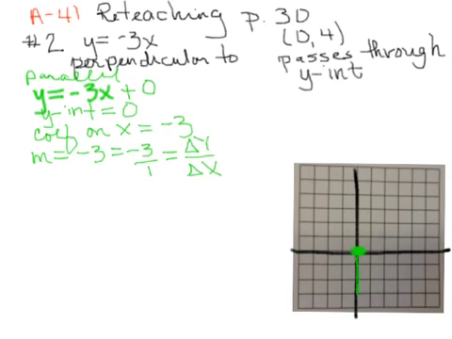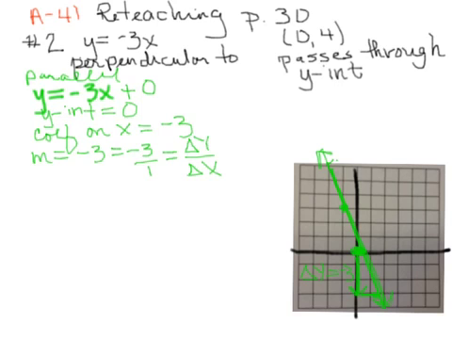So my change in y is negative 3, and my change in x is 1. That gives me another point on my graph, and I have those 3 points, and I'm going to go ahead and attach those 3 points. So let me go ahead and get a line here, and there is my line that goes through those 3 points.